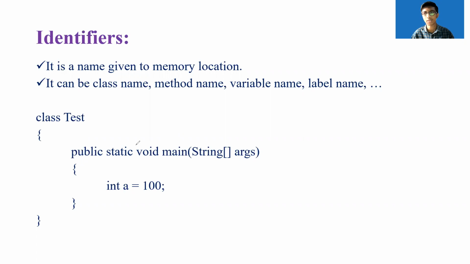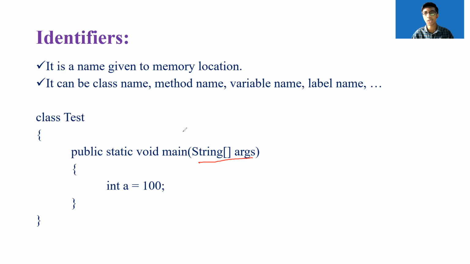This is the syntax for it: public static void main, and these are the command line arguments, which are the arguments that we give from the command line, held in a string array.